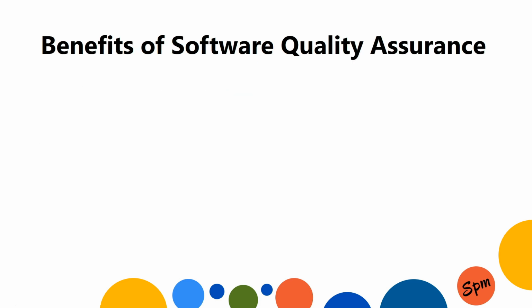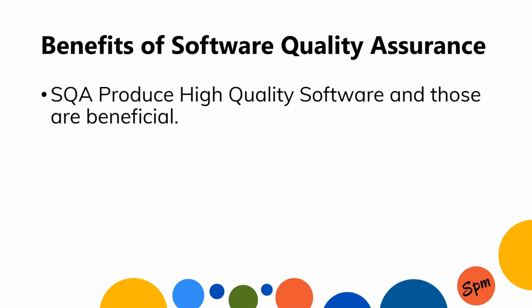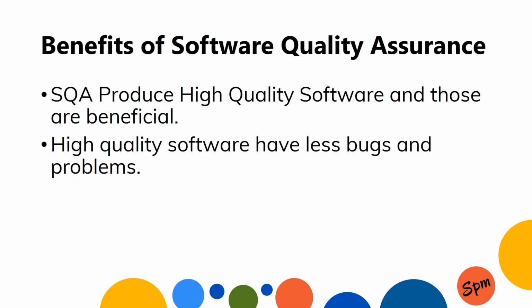The benefits of software quality assurance are that it produces high quality software, which is beneficial for both the organization and the customer. High quality applications have fewer bugs and problems, which is beneficial in maintenance because a high quality application won't need as much maintenance as a low quality application, which may have many bugs and problems.